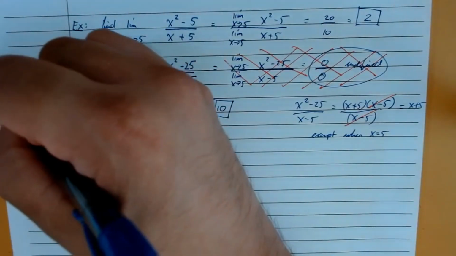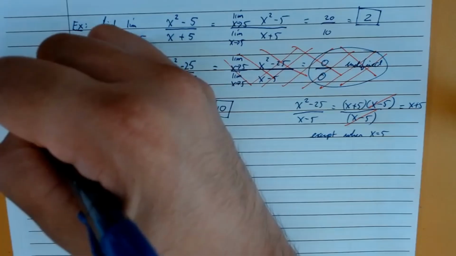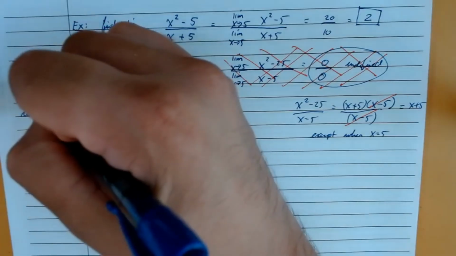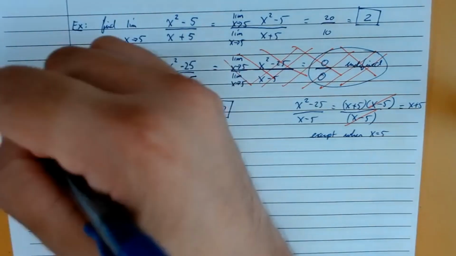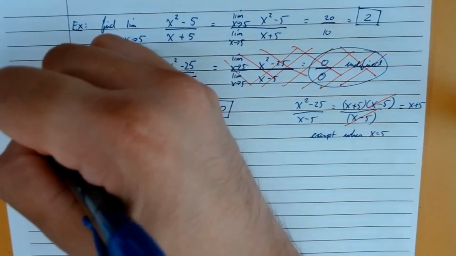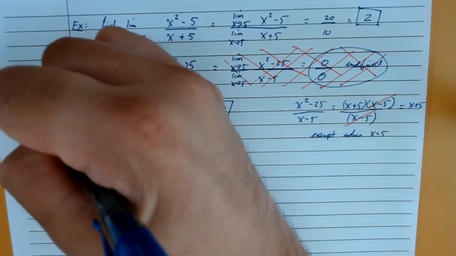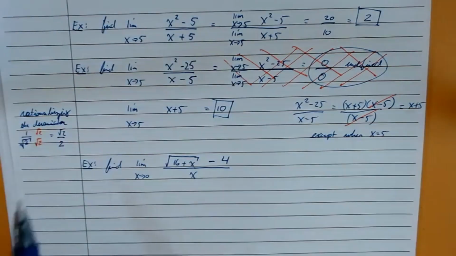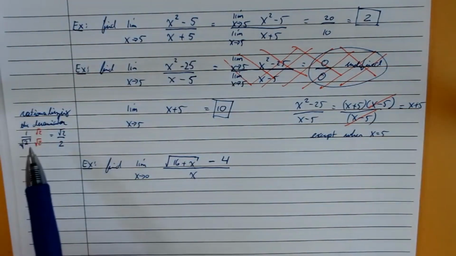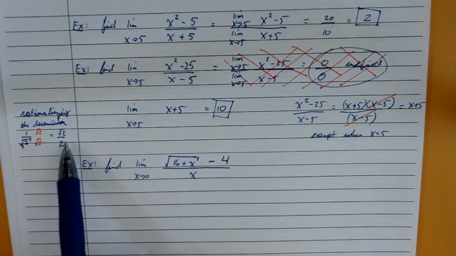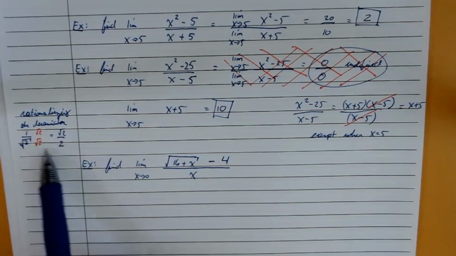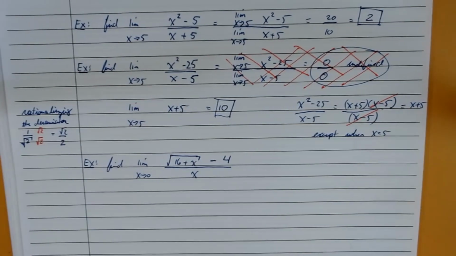And this is called rationalizing the denominator. That's the only time you've really ever seen rationalizing. It's called rationalizing because you're taking something that's irrational and turning it into something that's rational.